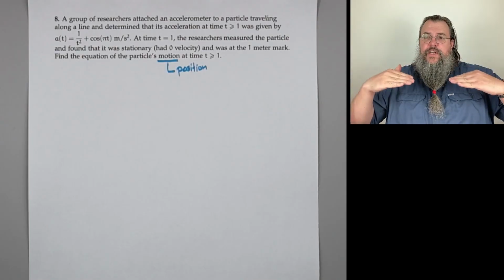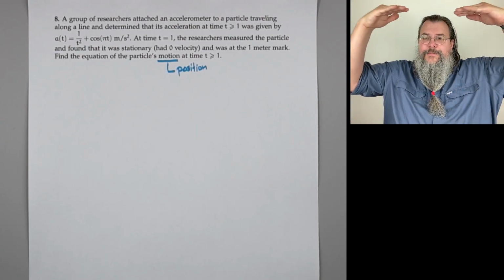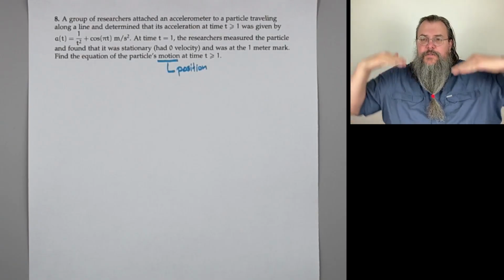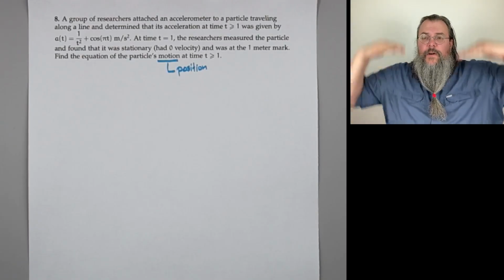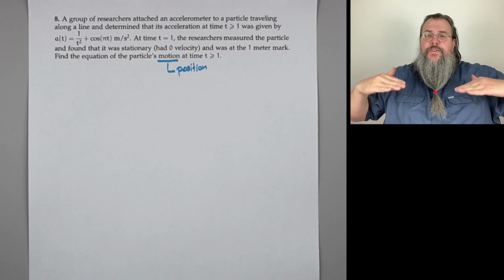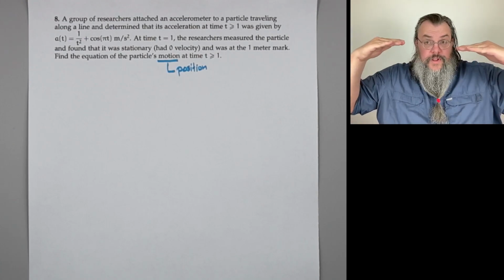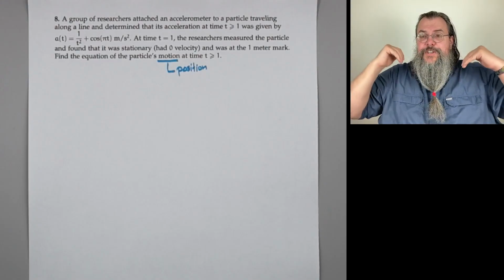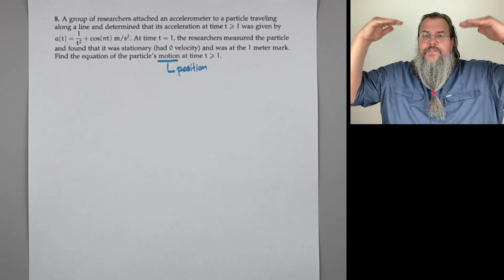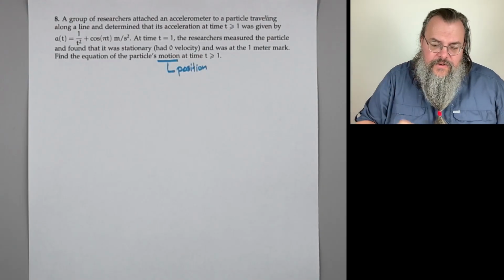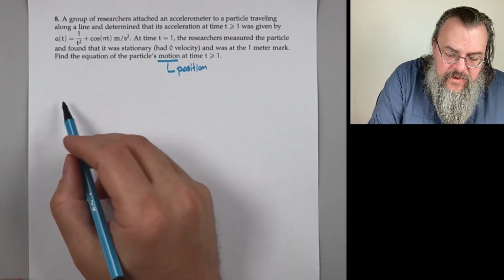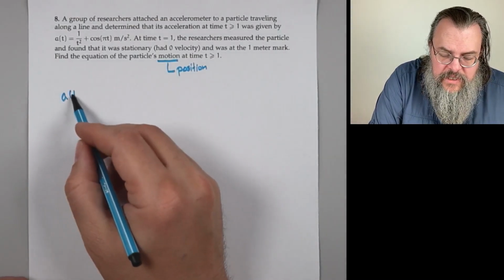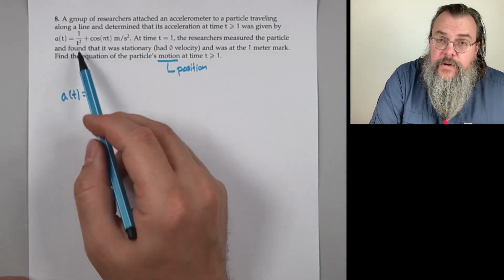Okay, so what's our idea? We have acceleration. We want position. Can we jump? No, that's a high jump. Well, what we can do is acceleration to velocity, velocity to position. So we're taking 2 steps. So we begin. So acceleration, we know, is 1 over t squared.